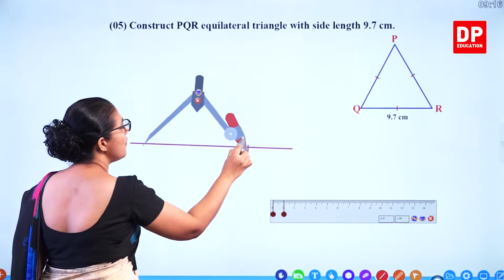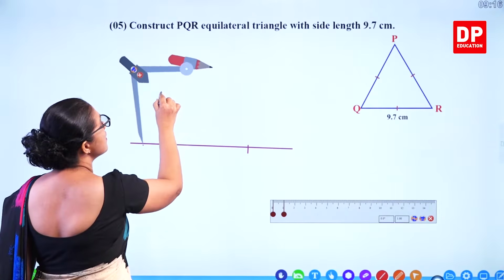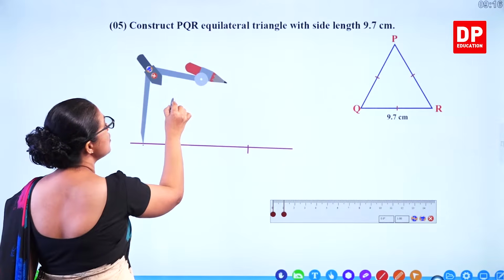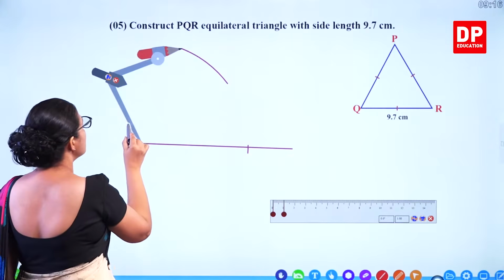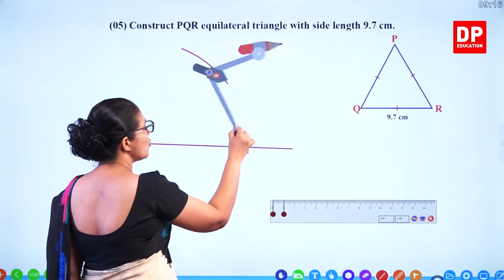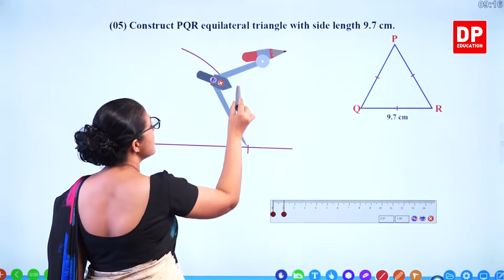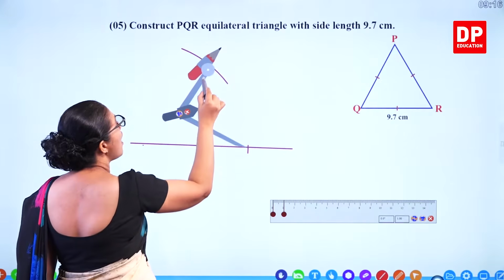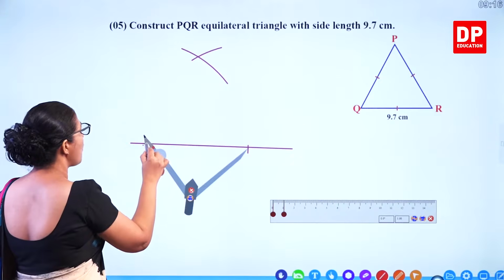One on the line and in between, somewhere here in between, you are getting the other point. So take the same distance, don't change it. You take the same distance here and draw arc here as well as on the line.